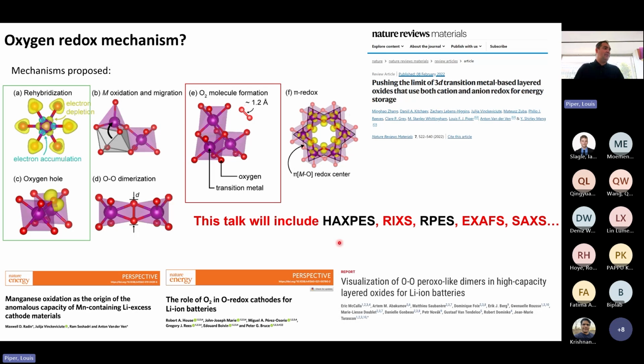There are various papers coming out talking about novel metal oxidation, where there's migration, and so on. Whether this was associated with something more like a lithium-air-like consideration, where you form O2 molecules or peroxides, or whether we view it as associated with rehybridization between the metal and the oxygen, moving away from purely ionic bonding, to a localized electron hole like you would have in semiconductors, p-type materials.